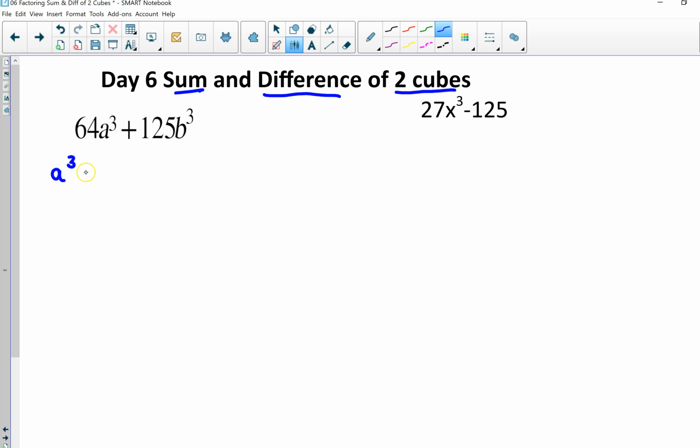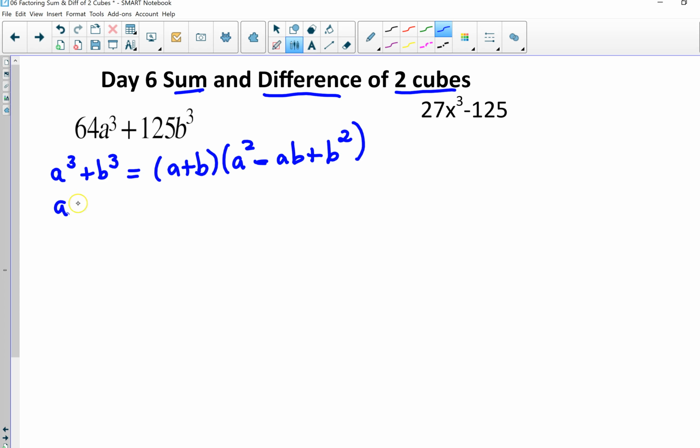A cubed plus b cubed is equal to a plus b times a squared, that's the first term squared, minus the first term times the last term, plus the last term squared. Next, we're going to identify what a is and what b is.